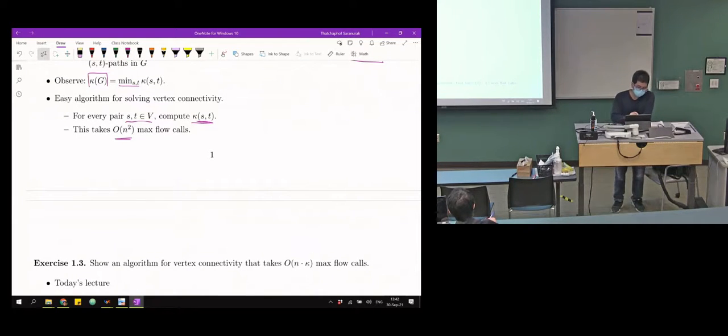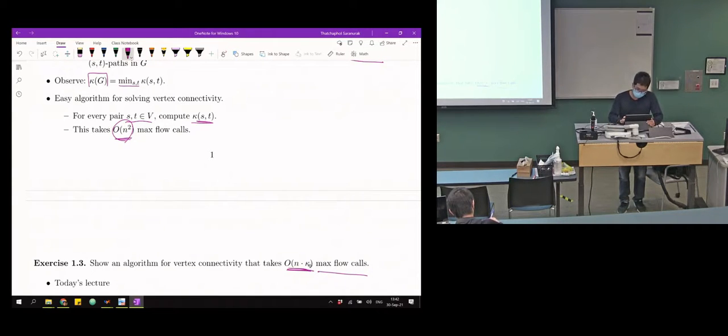Actually, one can improve upon n square. If kappa is very small, it turns out there is an algorithm that takes n kappa max flows, and we will maybe talk about this tomorrow, or you can think about it too.